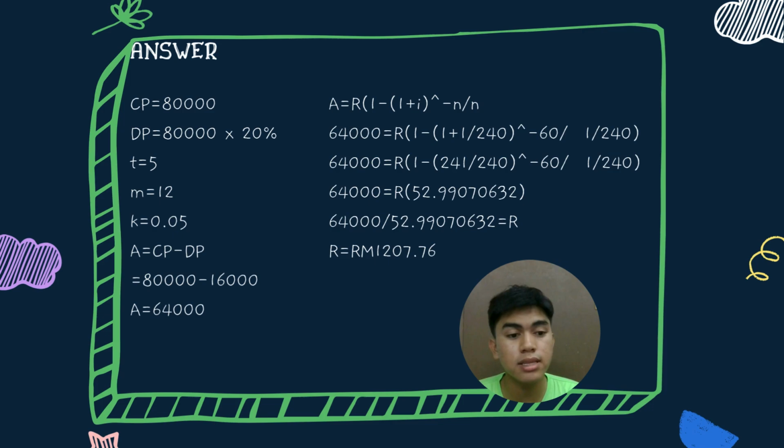Then we will calculate all of it in the bracket and we will get 52.0990. After that, we will divide 64,000 with the previous answer, and the last answer for R is RM 1,207.76.